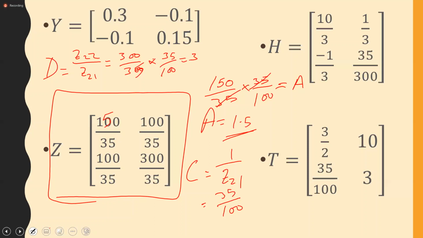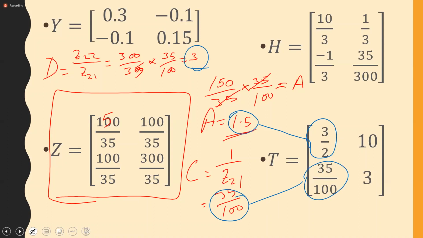And so far, you agree that we are spot on. So you have the 1.5, and that is 3 over 2. We have 35 over 100, that is C. And of course, 3, that is D. For B, however, what we have is delta Z, which is simply the determinant of the Z matrix.